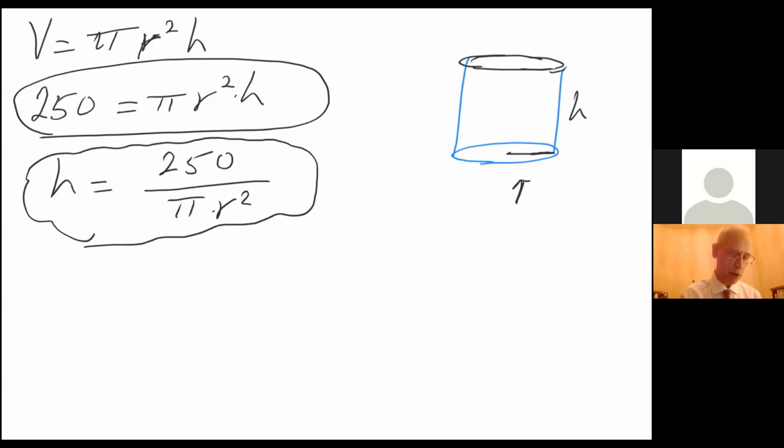And so what is the cost for this cylindrical cup? The cost equals the cost of the side. So if I have the side of this cylinder, let me grab a piece of paper.